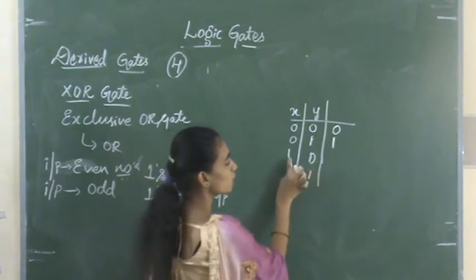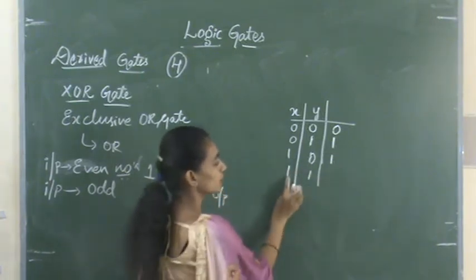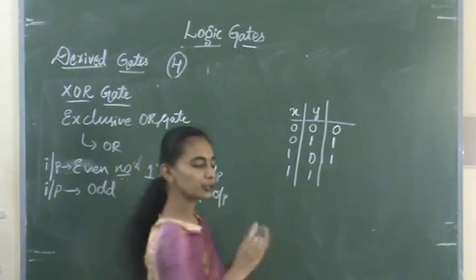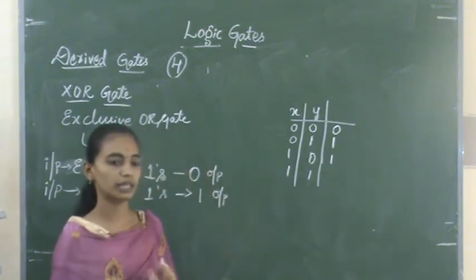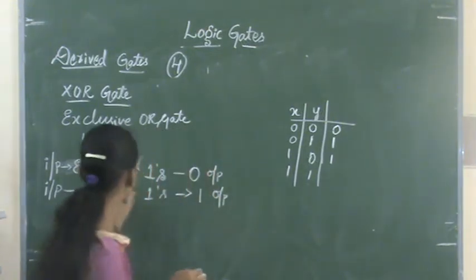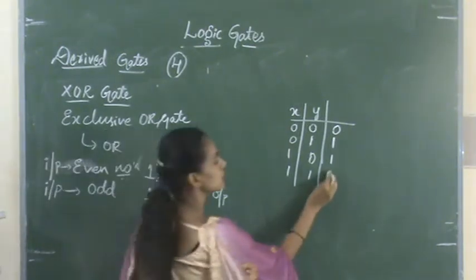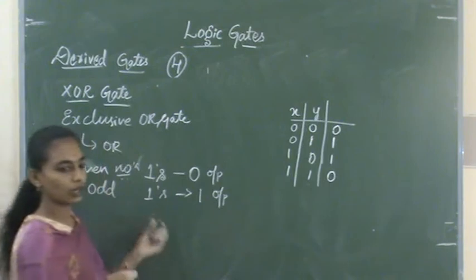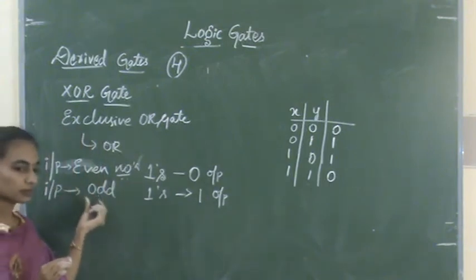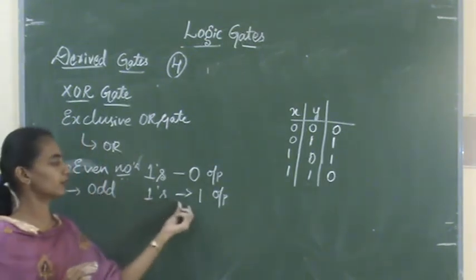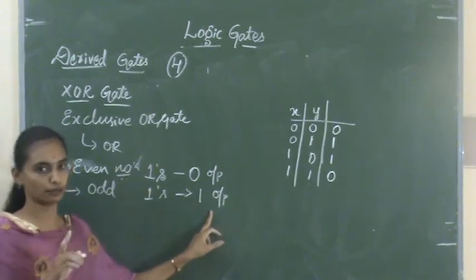Here also we have only one 1, so the output is 1. Here we have 2 ones. Is 2 an odd number or an even number? Even, right? So if the input has an even number of ones, the output is 0. If the input has an odd number of ones, the output is 1.